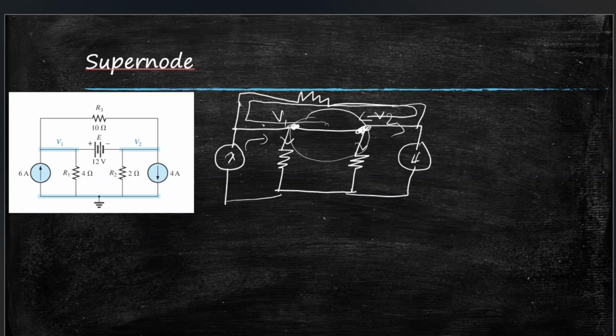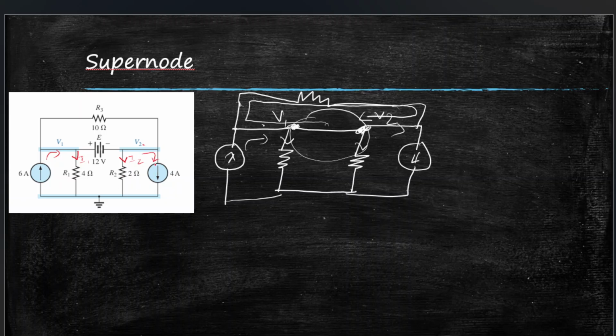Let me assign the currents in the image for some easy understanding. Okay, so we'll have I1 here, and we will have this 6 ampere entering here. Then here we will have I2 exiting V2, and we will have I exiting this 4 ampere.